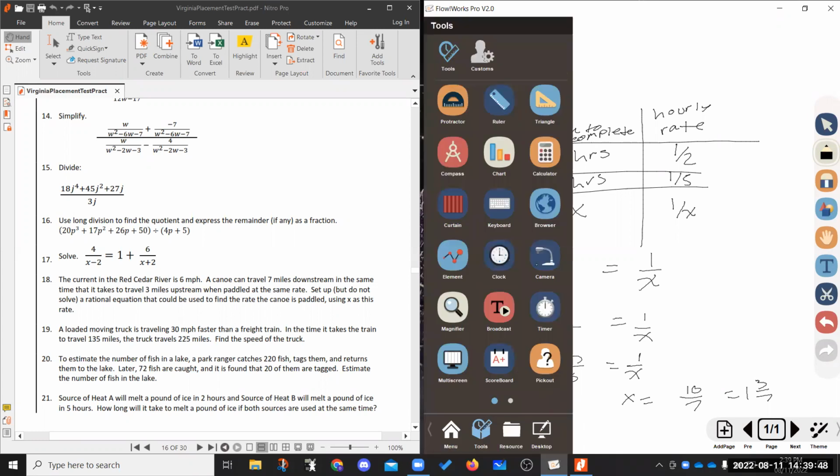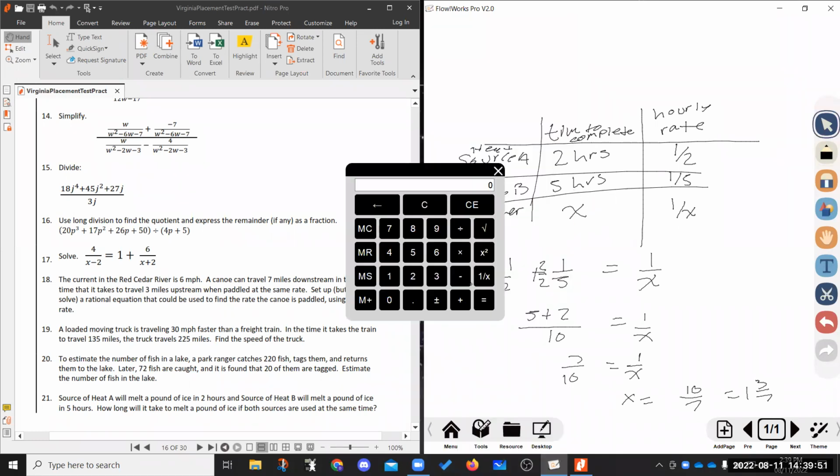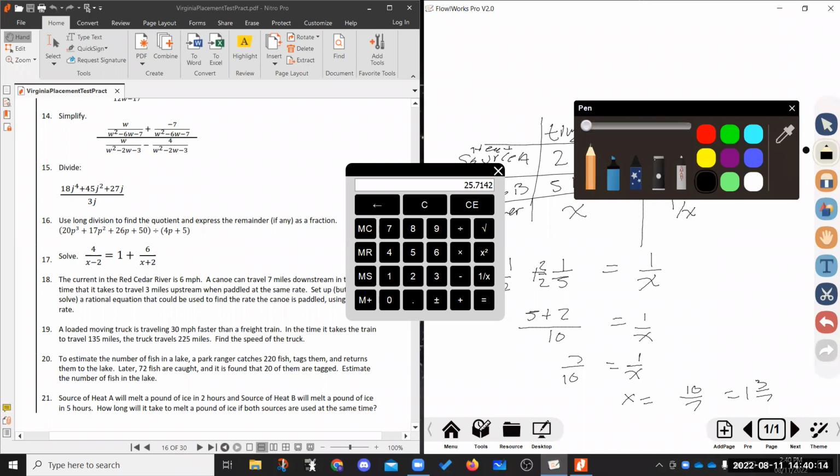We don't really measure in sevenths of an hour, but we might want to find the decimal approximation of that. 10 divided by 7. It's going to be 1 hour, and let's take that 1 hour away. Let's multiply by 60. So let's say it's about 1 hour, 26 minutes.